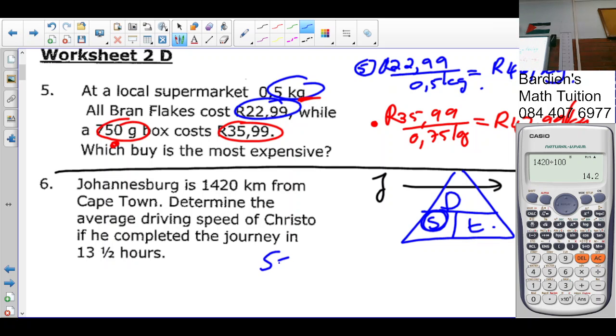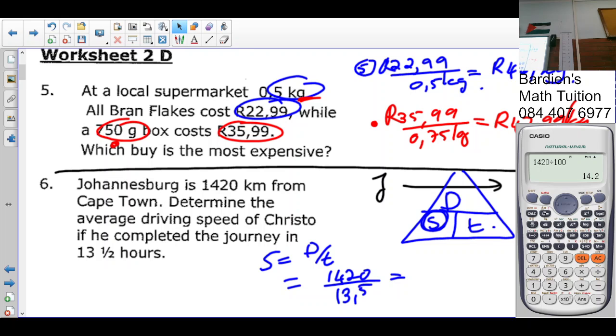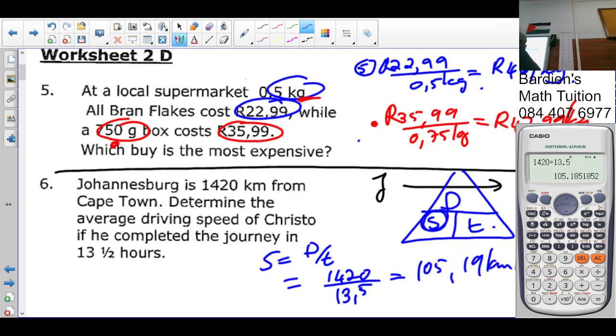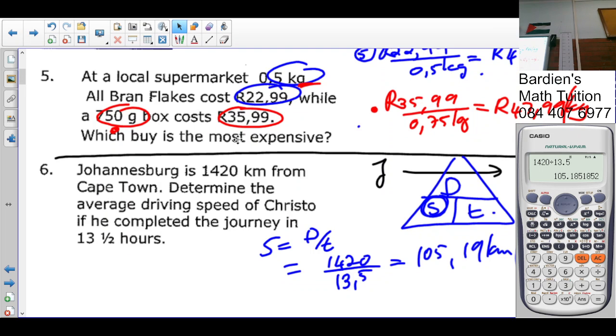So S is equal to D over T. So it's 1,420 divided by 13 and a half hours. It's going to give us 105.119 kilometers per hour.